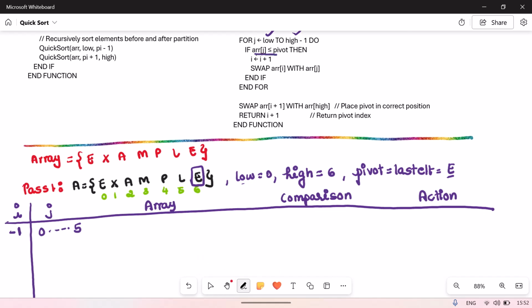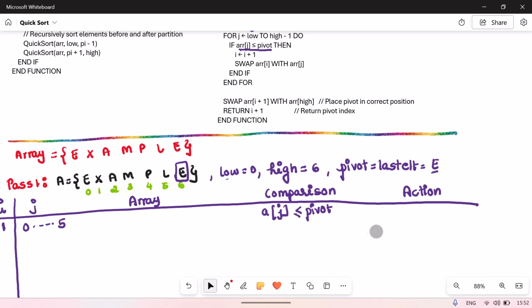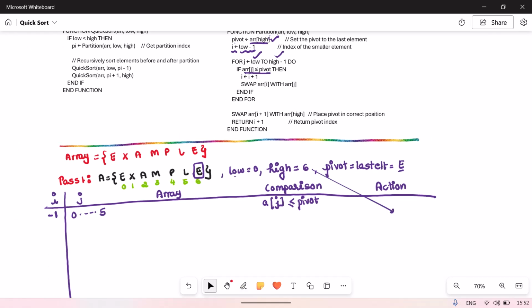If A of j is lesser than or equal to pivot, if it is yes, then it enters the body of this condition.